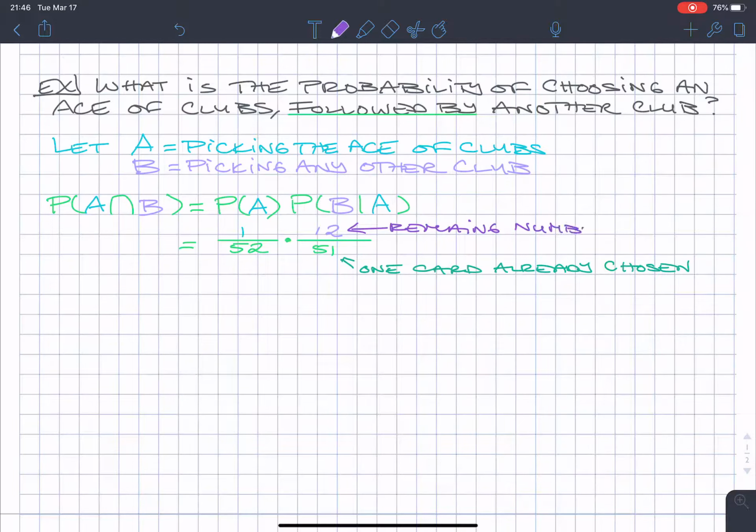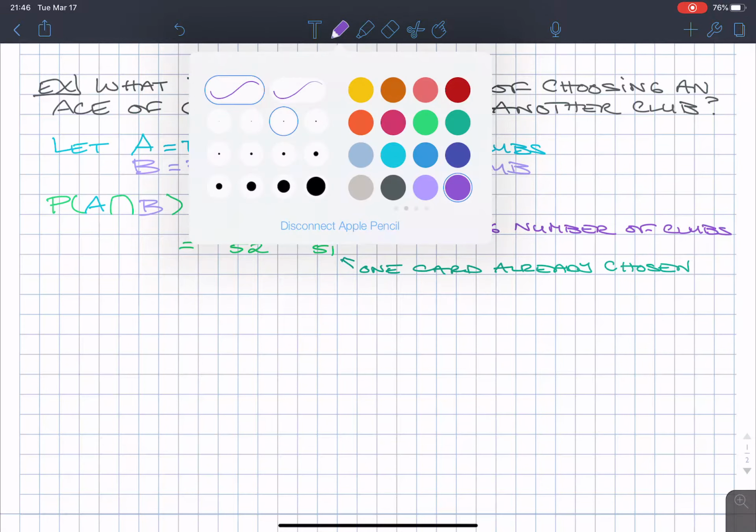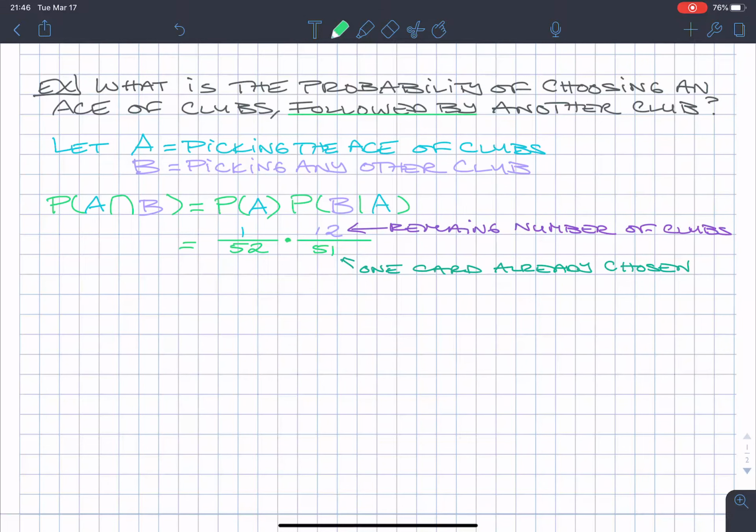There's only 12 if I chose the ace, right? Okay, so we get a very large denominator, but I'm just going to leave it like that. And hopefully that makes sense. The algebra you can do on your calculator.